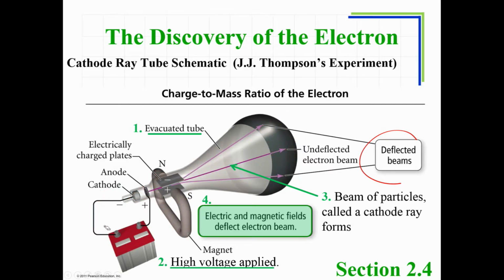When they turned these plates on, it's an extra electrical field turning on. They found that those beams deflected away from the negative and towards the positive and struck the plate right there. That's going to be an important thing: they moved away from the negative, they moved towards the positive, and they hit the screen down here at the bottom.